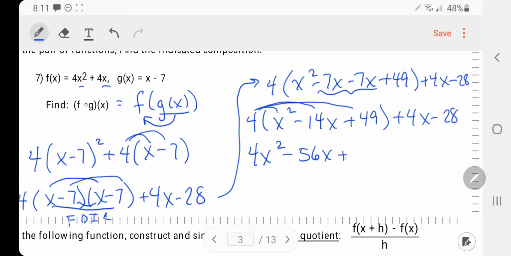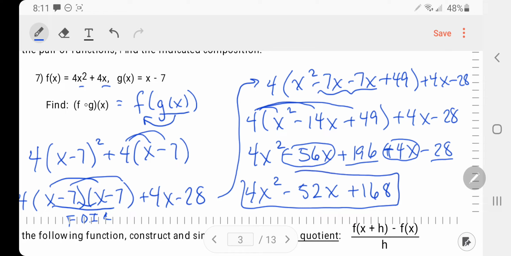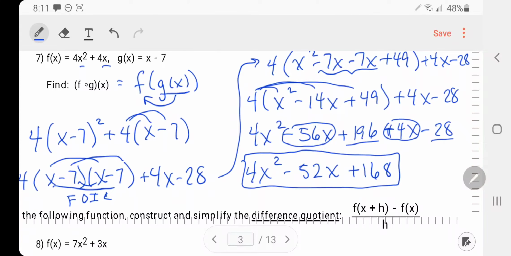And last step, doing a little CLT, combine like terms. We've got a 4x squared, we've got a minus 56x, and a plus 4x makes minus 52x. And we have a plus 196 minus 28. 196 minus 28 is 168. Whew, and that was a long, involved problem, but that is the answer, and that's how to do it.